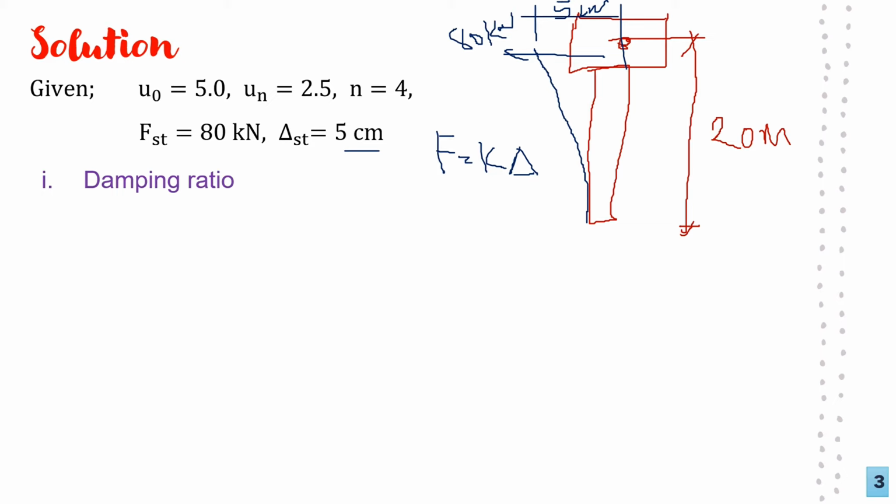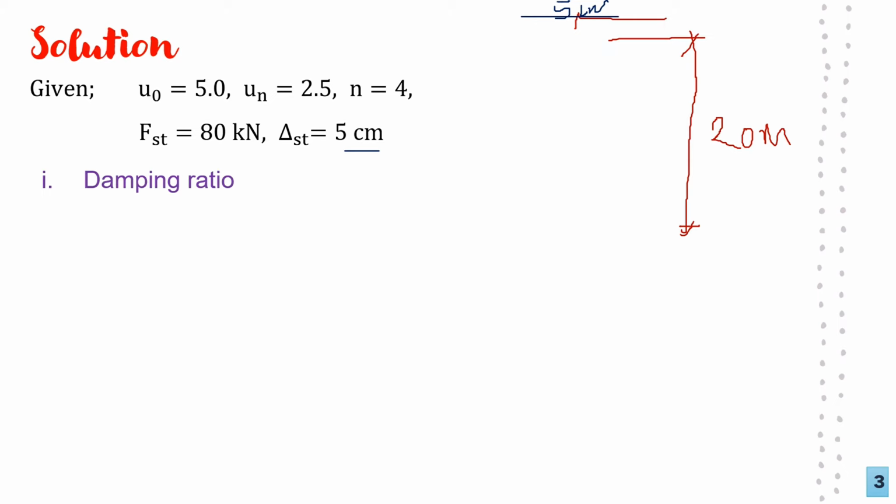Now, as usual, the damping ratio, I know you know this, and if you go directly to our lecture number 3, I have shared the link there, so you can move to lecture number 3. You can click the link here.